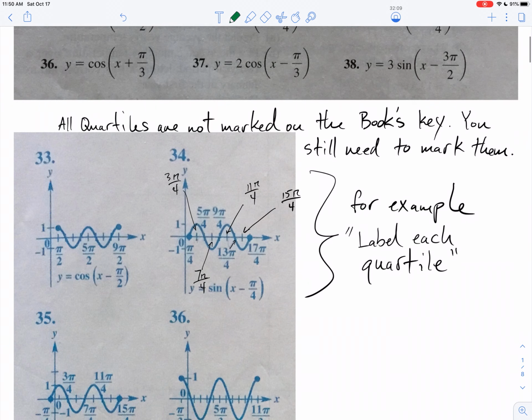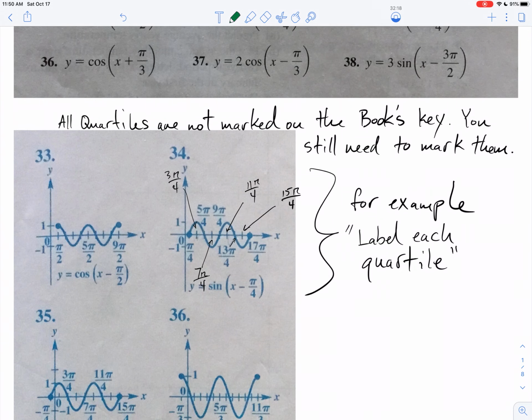Every single graph they drew, they shifted it and did one extra period to the right, just like I was saying. Usually they don't go right and left side. When you have a starting value, and then you have a stopping value, right? But you'll notice here, look, all quartiles are not marked on the book's answer key.